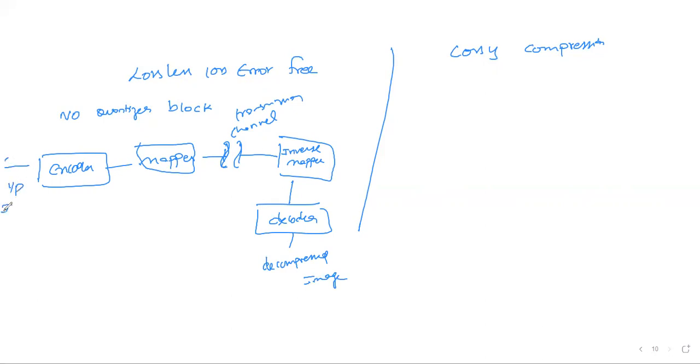Here is the compressed image. Lossy compression means here we include the quantizer block also: encoder, mapper, quantizer, next channel, inverse mapper, and decoder. This is the basic image compression model, lossless and lossy.